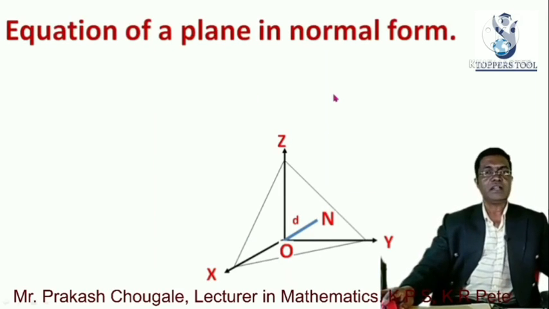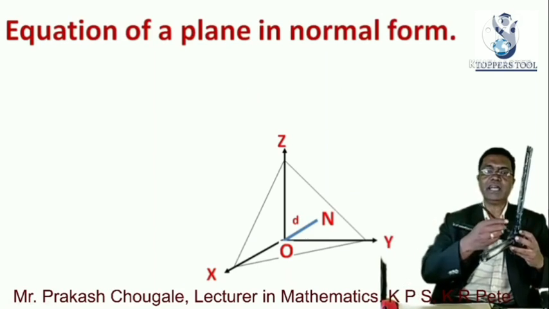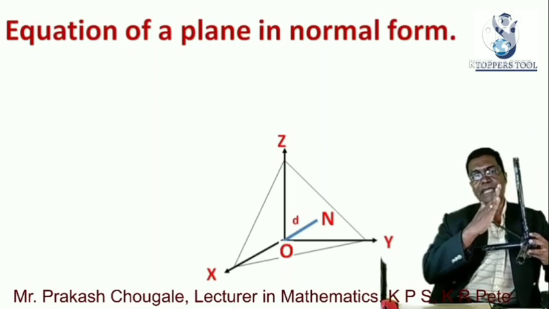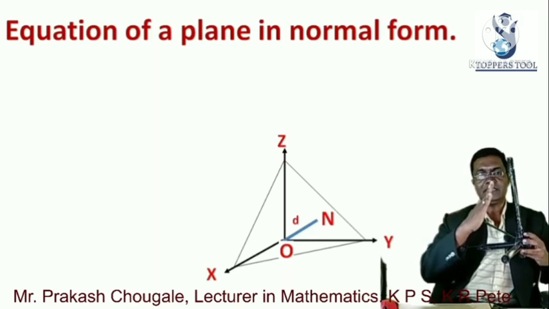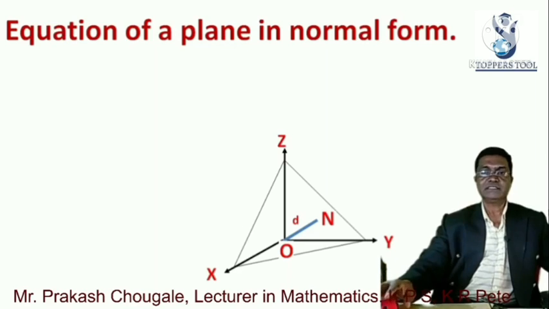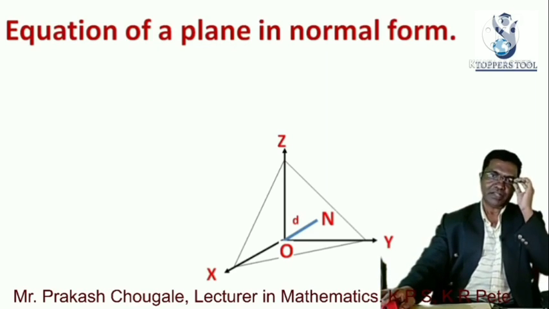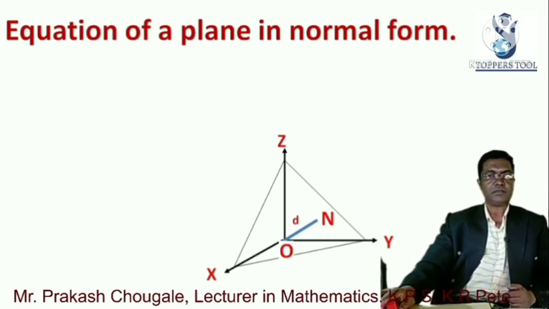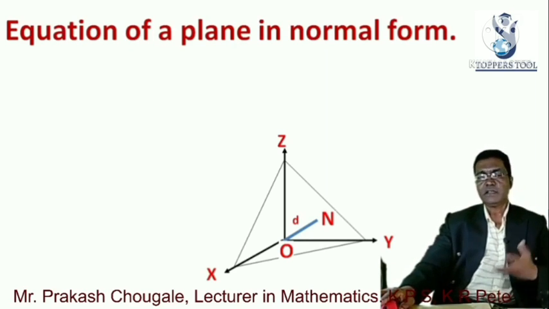As I said, normal means a line drawn from the origin and perpendicular to the plane. Suppose this is the plane, then this is called the normal. So let's derive the equation. You can have the derivation in vector form as well as Cartesian form, and you could be asked to derive both forms in the exam.